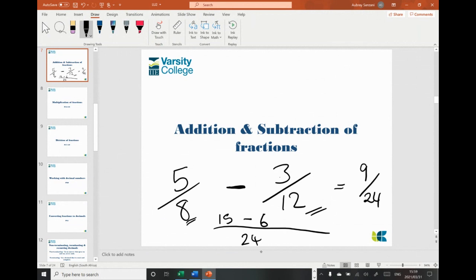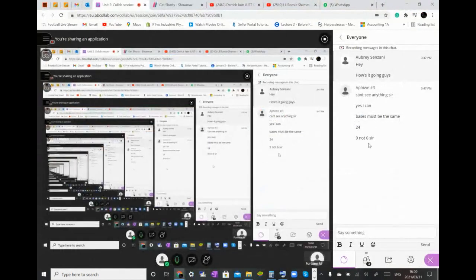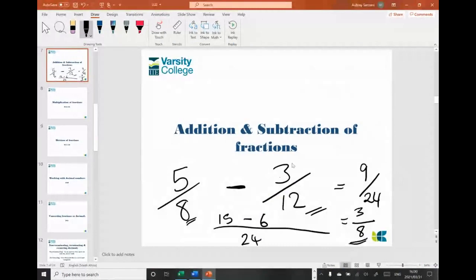Can we divide this by 3? Yes, we can. So we can leave this in its simplest form. This is going to be 3 over 8. Yes, I get the 9 from 15 minus 6.